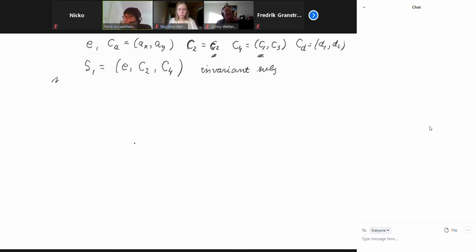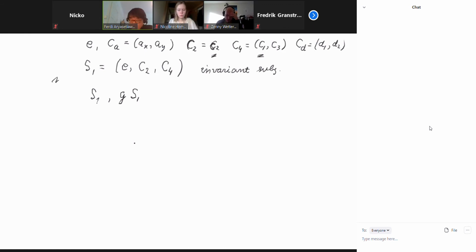So then we can form a factor group from this, which is just S1 itself. And I think we can take any of this G, because there's only, we can take any of the G outside the S1, any group element.